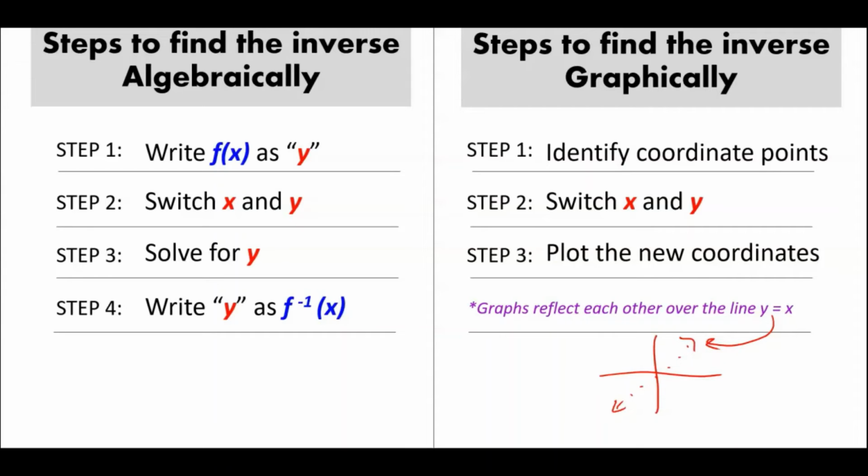It's a diagonal line. Okay, these are our steps to find an inverse.